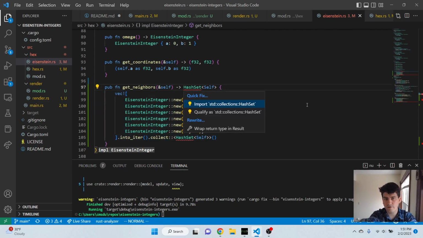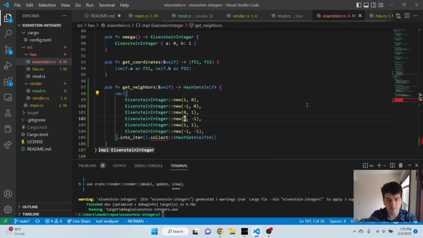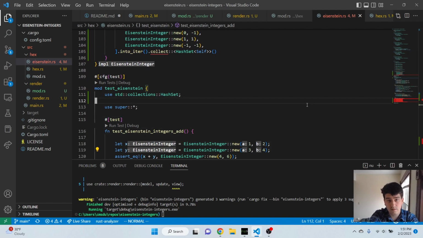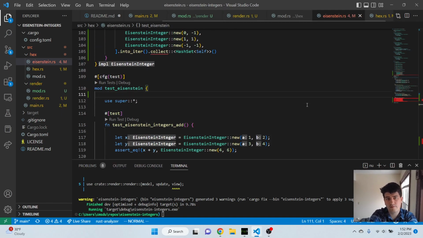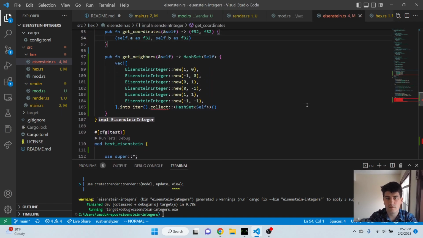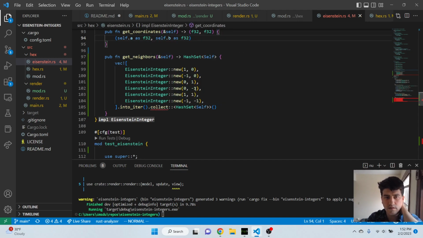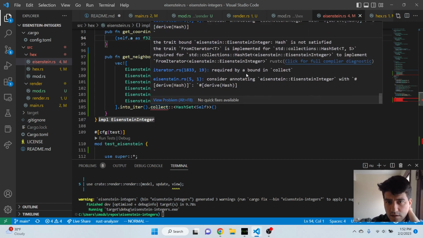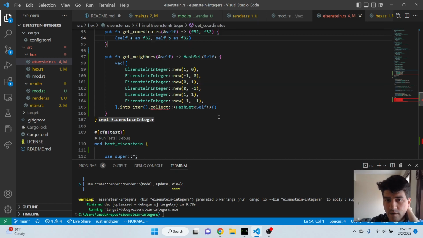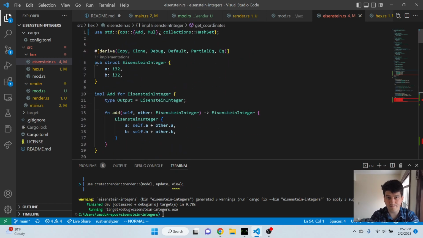And why don't we like hash set? Oh, because it got imported to the test. And why don't we like collect? No, into iter, that should be fine. Why don't we like collect? Derive. Oh, hash isn't satisfied. All right.